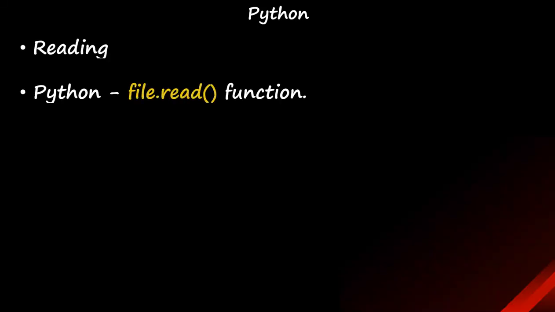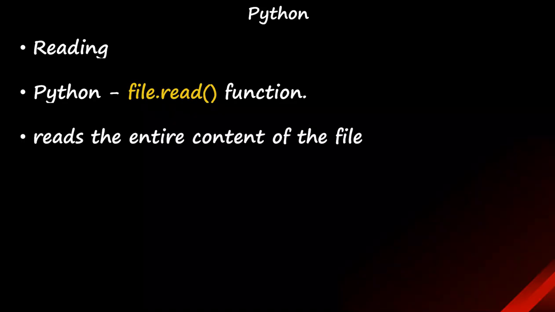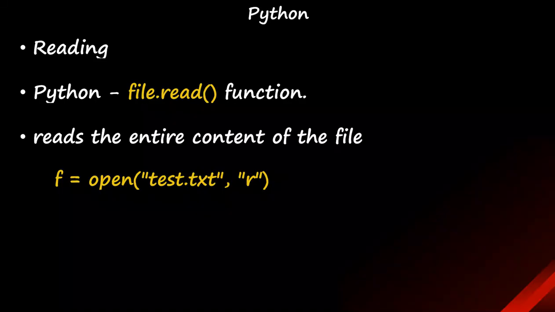Now next, reading a file, which uses the read function. Here file.read, where file is a file handler, which we can say is a variable used for the open function. So file.read will read all the content of a file. How can you read a file?